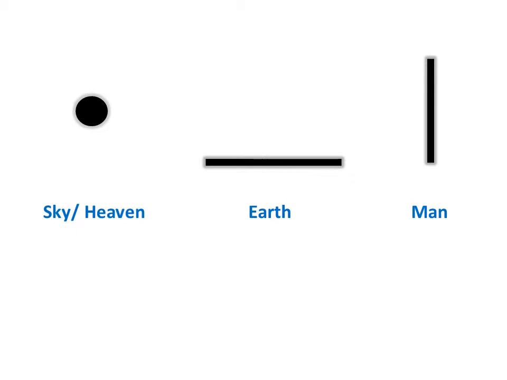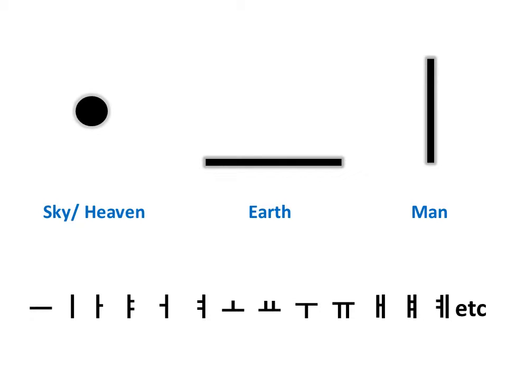We call them sky, earth, and man. And you might question how. Well, let's just say they're a very minimalistic version of sky, earth, and man. Anyway, we don't use the dot anymore. Instead, we use smaller strokes for those. And all the vowels are just lines put together in different ways to make letters and sound.